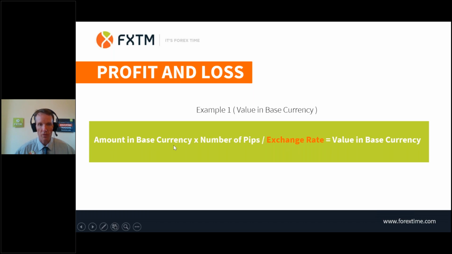So we've got the amount of base currency times the pips divided by the exchange rate, and then you get the value of the base currency. In that transaction of ours, it's 100,000 times the digits for the pip, 9 pips, divided by what the exchange rate was, and then we've got the USD euro, we've got the euros, what the value is.